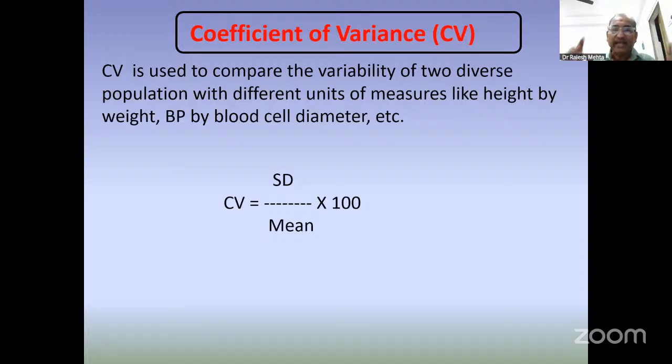Suppose, let me write in the chat and find out whether you can make it out or not. One sample's standard deviation is, let's say, 5 and the mean is 50.